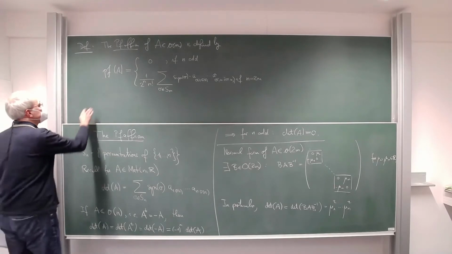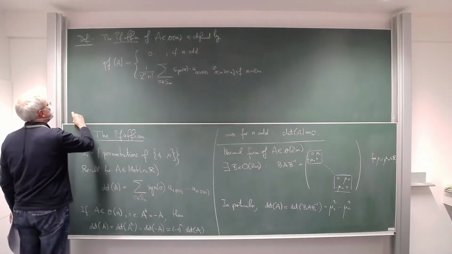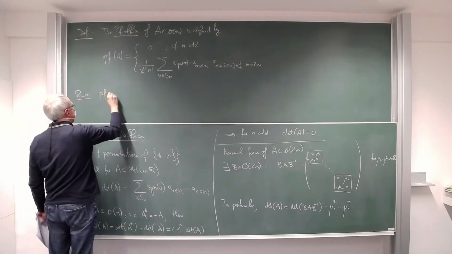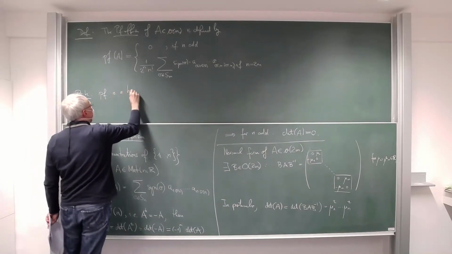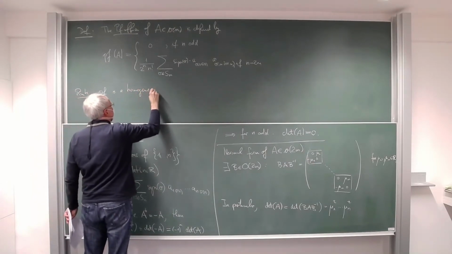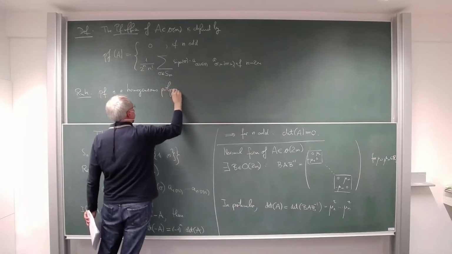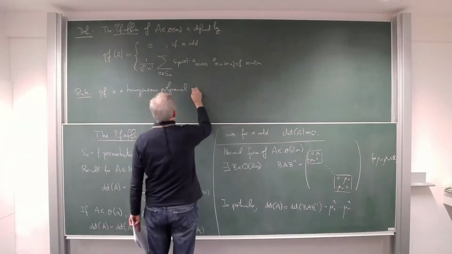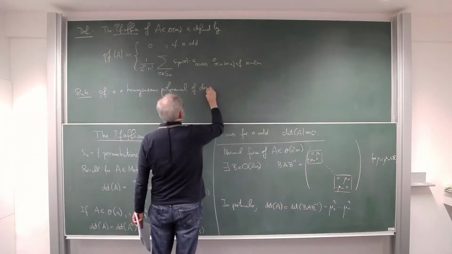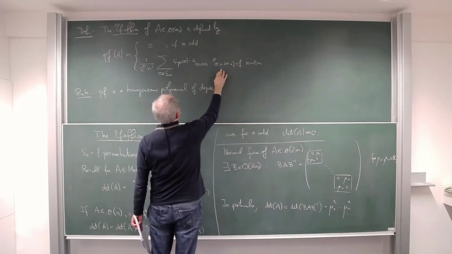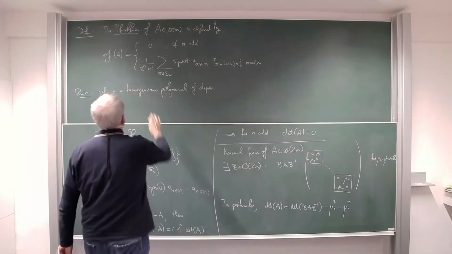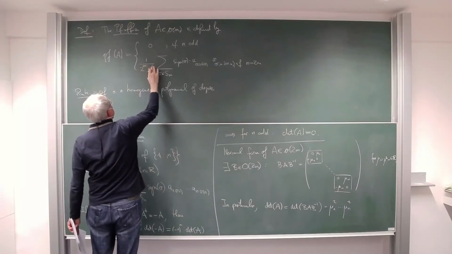So we see directly from the definition that the Pfaffian is a homogeneous polynomial in the entries of the matrix, and the degree is n.